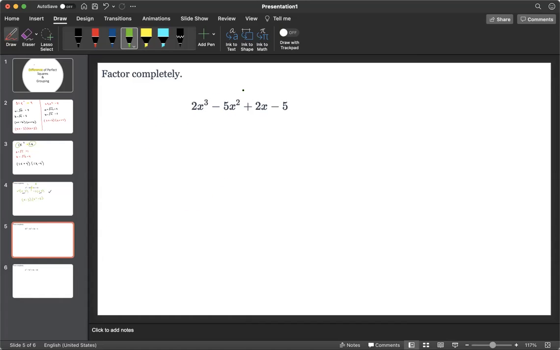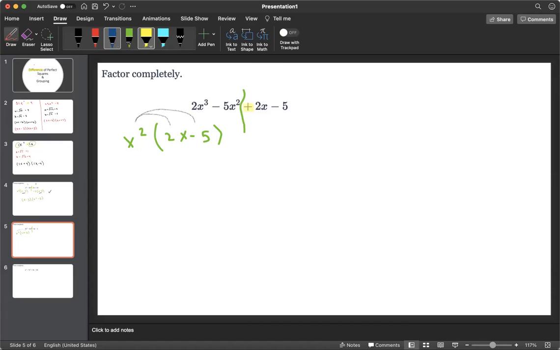Over here, draw the line. On our left side, the GCF is x squared, and inside the parentheses, we have 2x minus 5. We get these numbers because x squared times 2x gives me x cubed, and x squared times negative 5 is negative 5x squared.